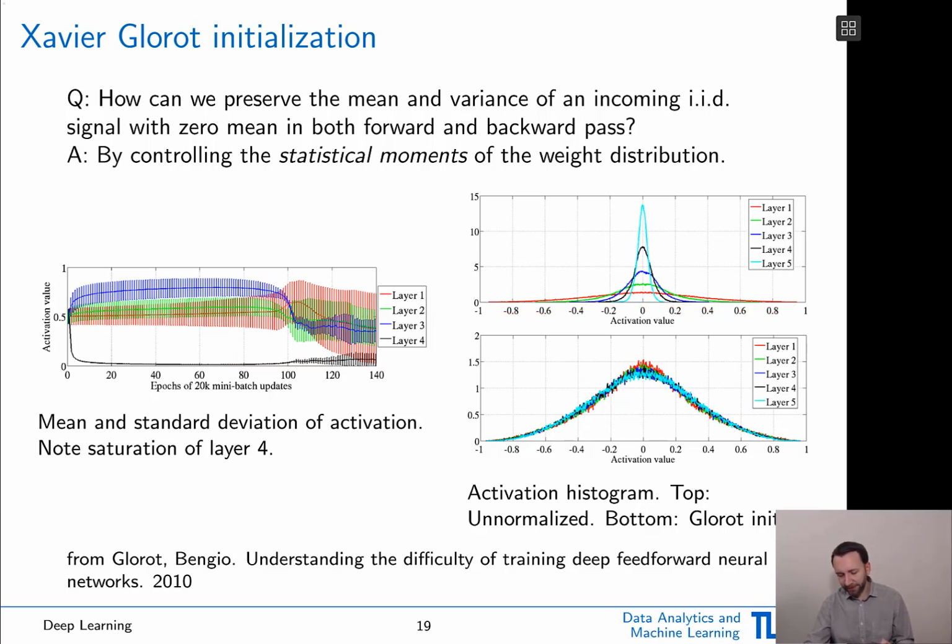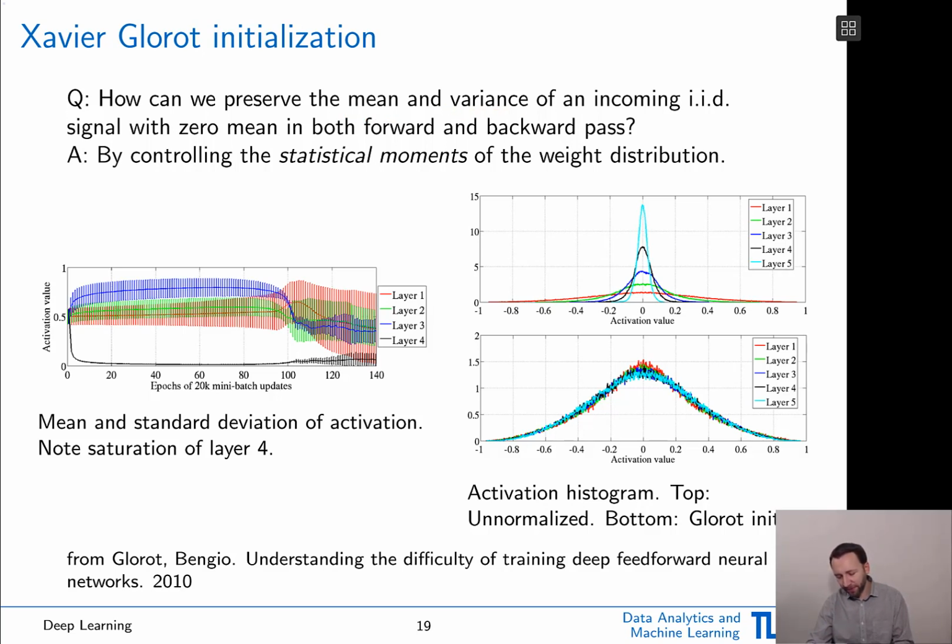What actually is happening is that the first layers, layer 1 and 2, still have some variation in their activation value. Remember, we're feeding in some IID signal. This is not a real image classification setting, but we're feeding in random data with mean 0 and variance of 1.